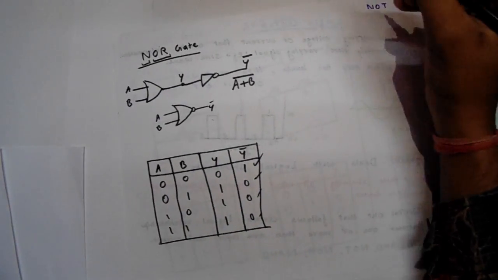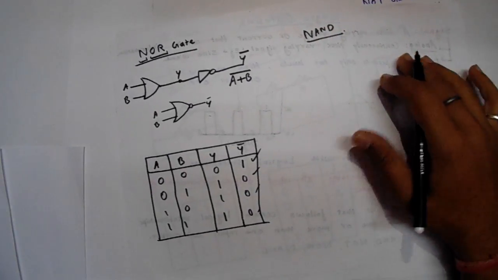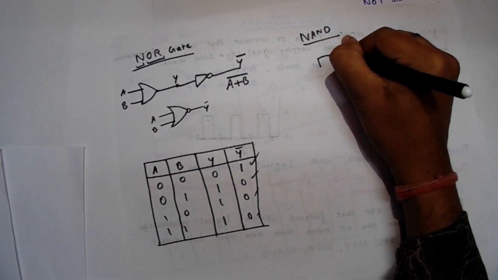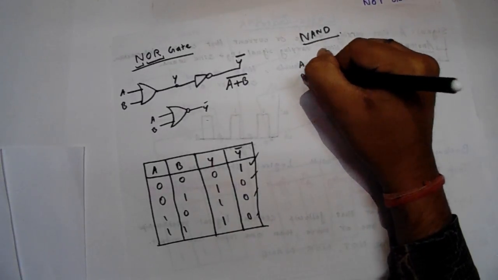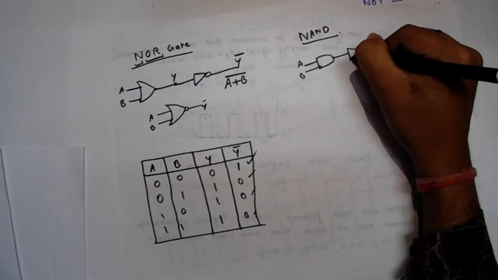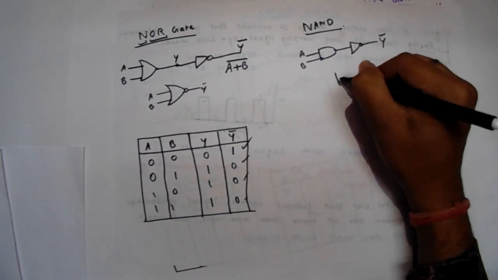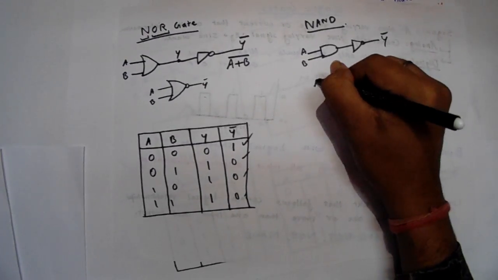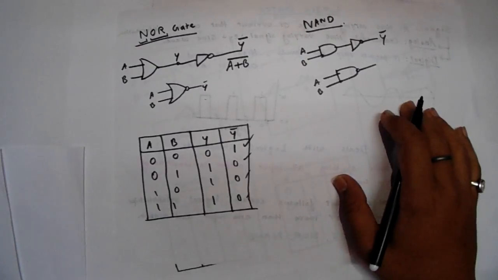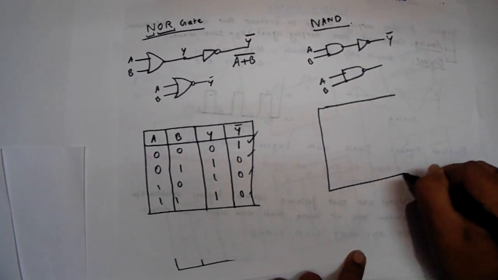Now, moving on, there is the NAND gate. Now, what is it? This is an AND gate and an inverter. So, the symbol comes to be like this. So, what happens in the truth table?